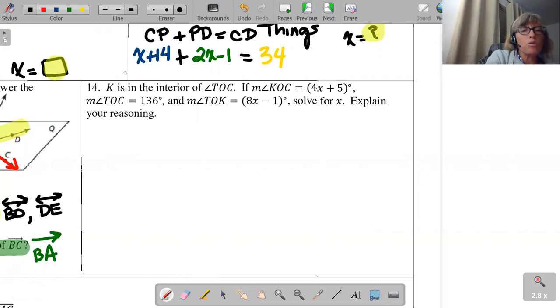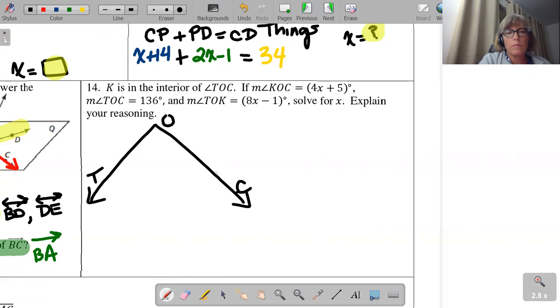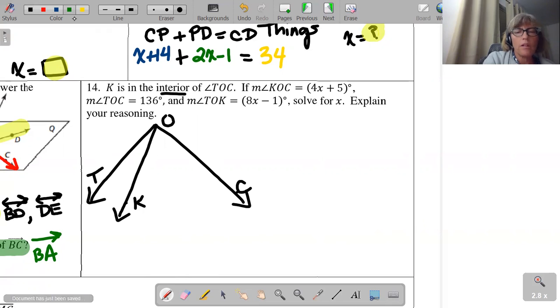Here we have an angle, TOC. And interior does not mean bisector, so I'm going to offset it so I don't confuse myself. And here we have KOC.